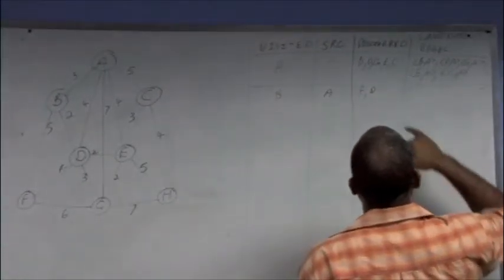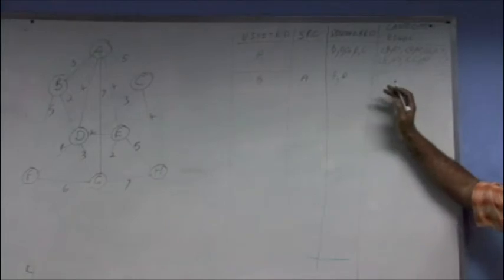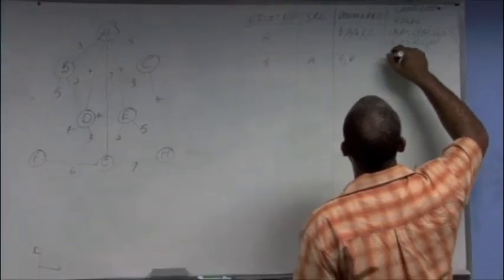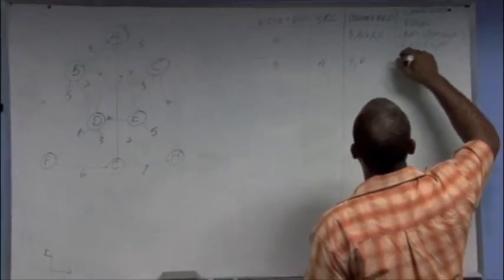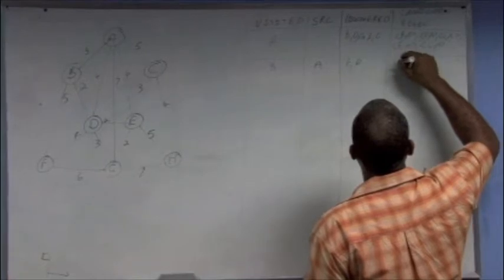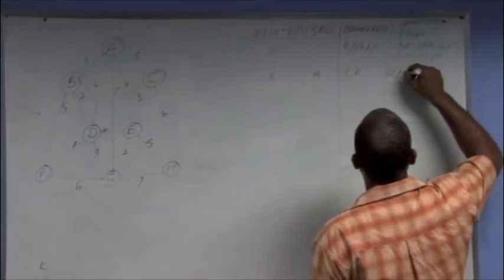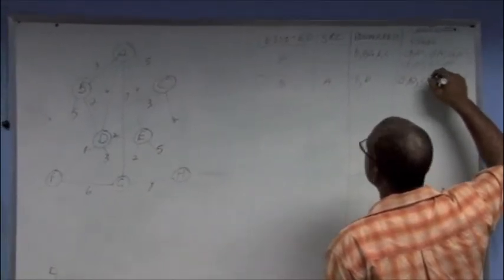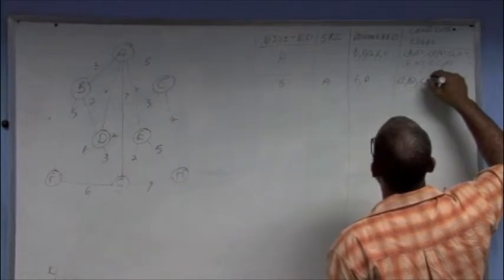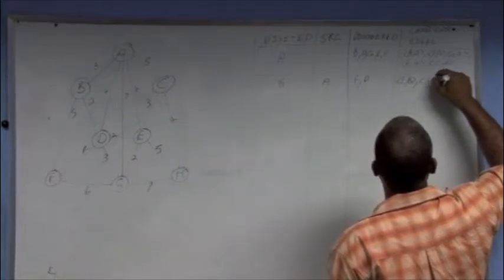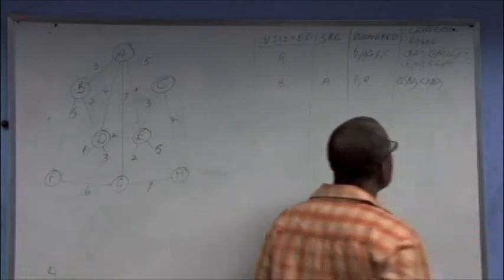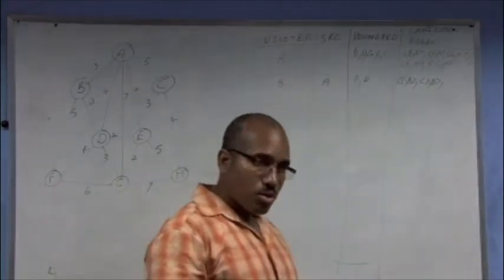Now, when we add these to the data structure, because we're using a stack, these new edges will then go in front of the other things on the data structure. So we have F from B, and D from B. So those are the new things that we're looking at.